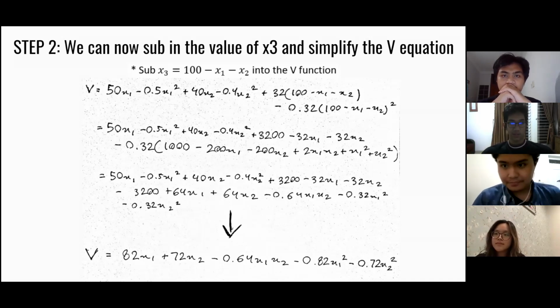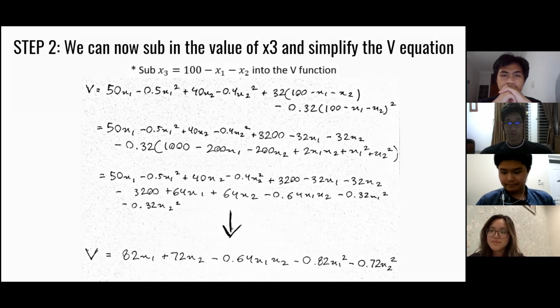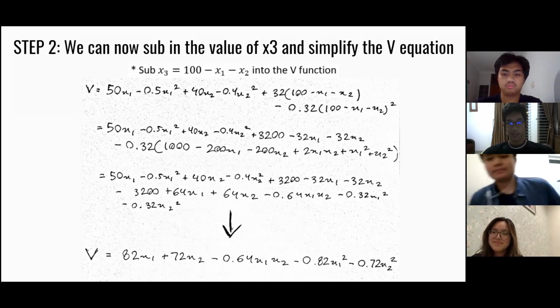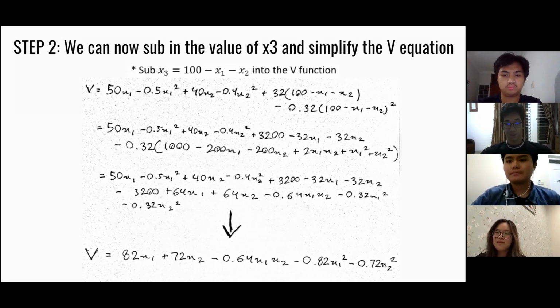Then we multiply the 32 with the values inside the first bracket, and we square the values in the second bracket to get the second equation, which is 50x1 minus 0.5x1 squared plus 40x2 minus 0.4x2 squared plus 3200 minus 32x1 minus 32x2 minus 0.32(10000 minus 200x1 minus 200x2 plus 2x1x2 plus x1 squared plus x2 squared).